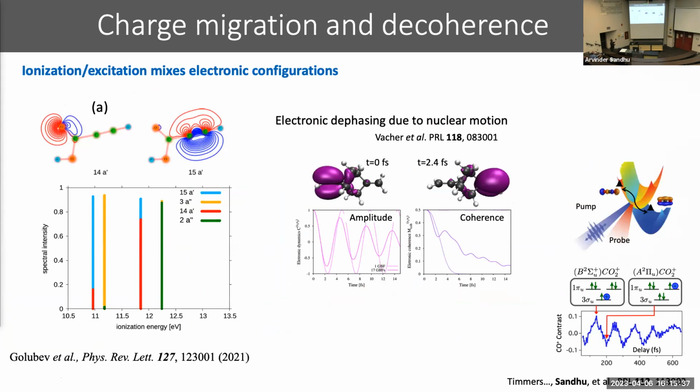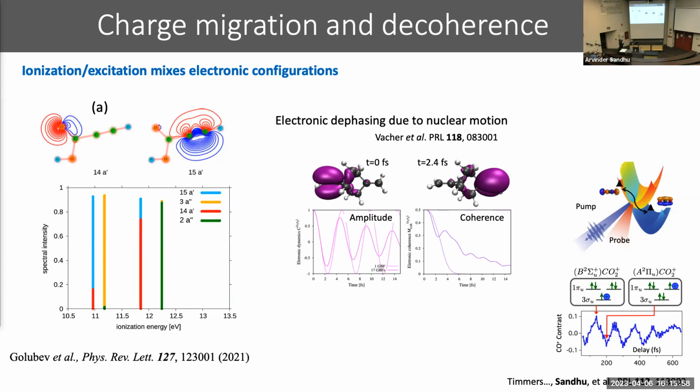When you excite or ionize a molecule, you imagine that you're removing an electron from some orbital. Orbital is a nice construct in chemistry. But in real life, with high energy photons, you don't remove an electron from just one orbital. You create mixtures of different types of holes.